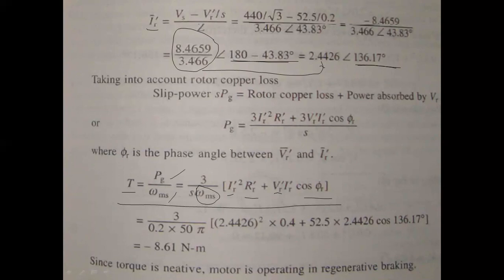Okay, so how much power is absorbed by the injected voltage VR? So PG is equal to, what is the formula? 3 IR dash square RR dash plus 3 VR dash IR dash cos phi R by S. Okay, so now we have to calculate this PG and we have to substitute this in the T, torque.